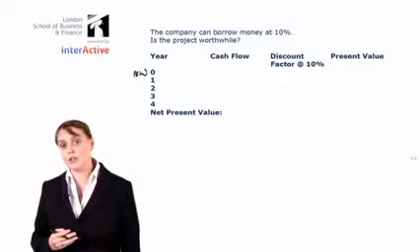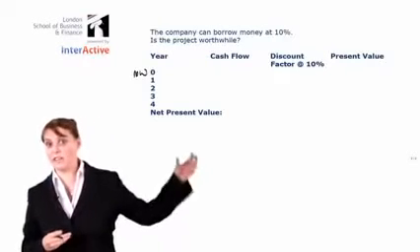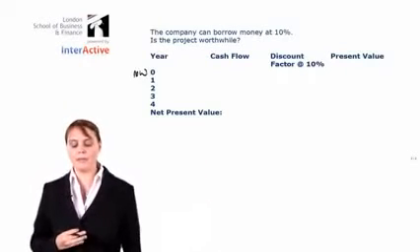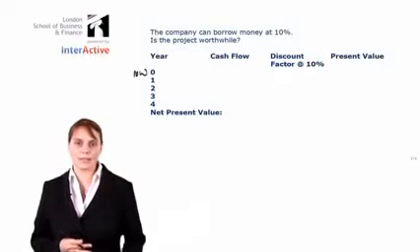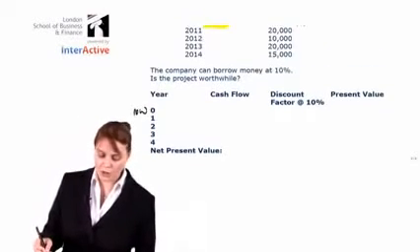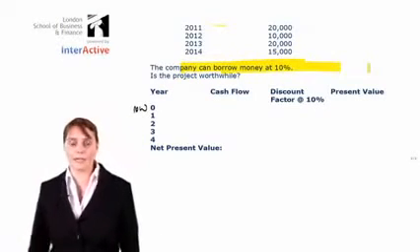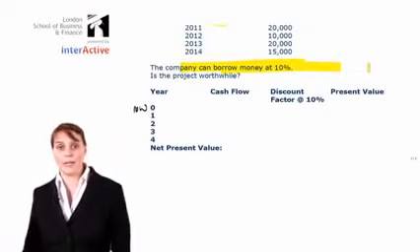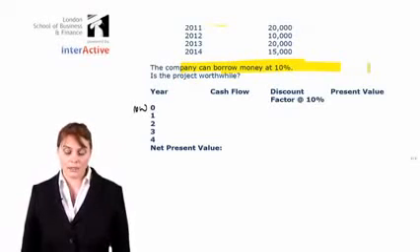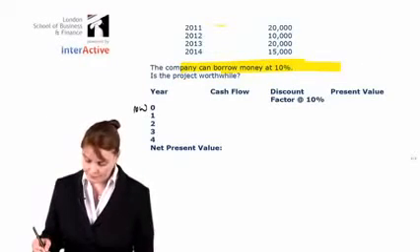We want to look at the cash flow, calculate our discount factor, or just lift it off the present value tables, and then calculate the present value of that cash flow. Now, we've been told in the question that the company can borrow money at 10%. So our discount rate is 10%. Okay, so let's fill in our table.